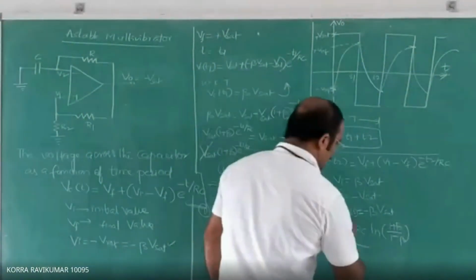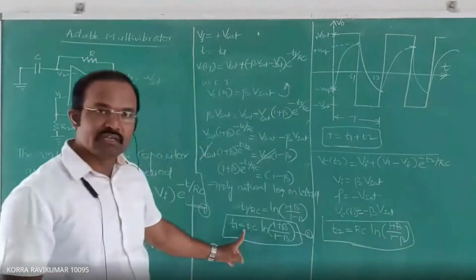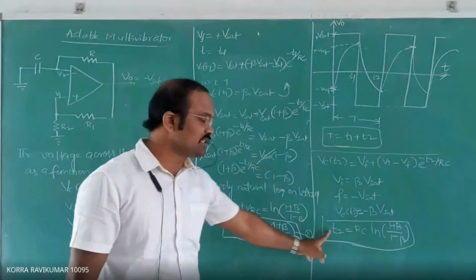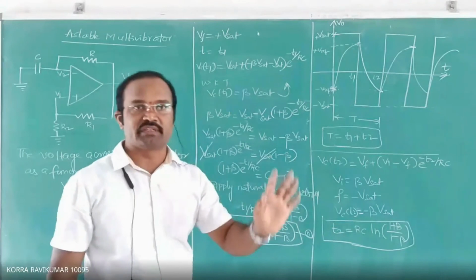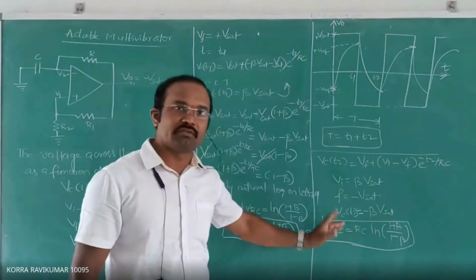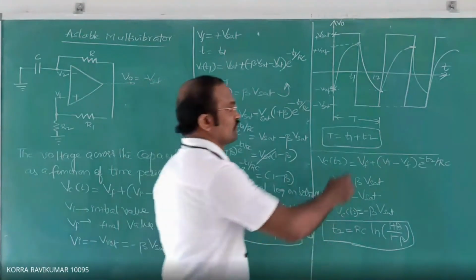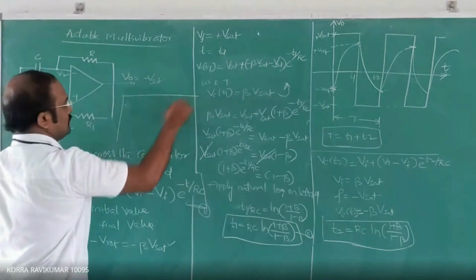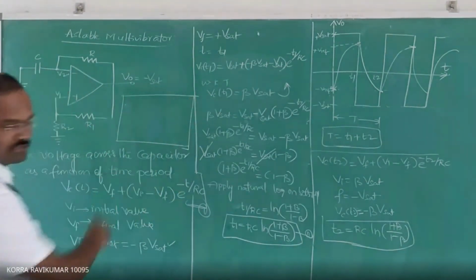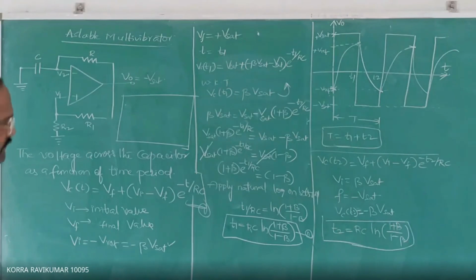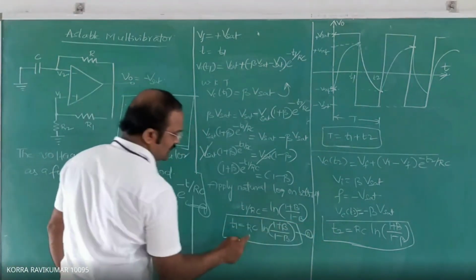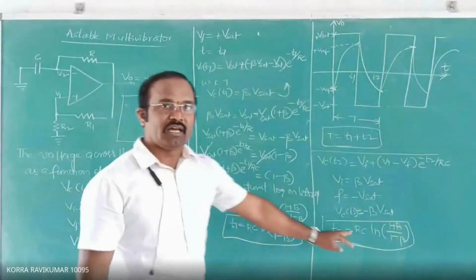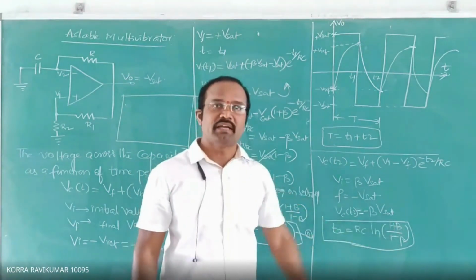Now, the total time period is equal to T1 plus T2. See here, T1 and T2 seem to be the same equations. So this plus this is equal to 2 into this. That's it. The total time period is T1 plus T2, that is RC into natural logarithm of 1 plus beta by 1 minus beta plus RC into natural logarithm of 1 plus beta by 1 minus beta.